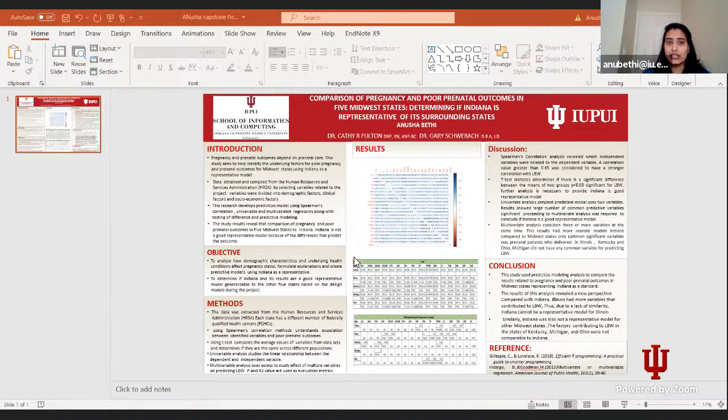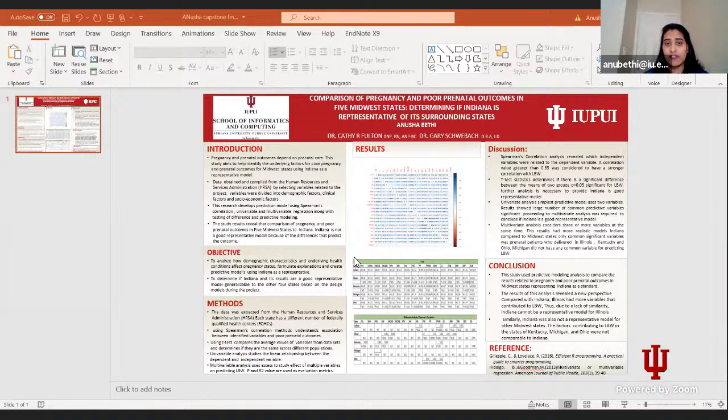After dividing the variables related to our study, the research will develop predictive models using Spearman's correlation, univariate and multivariate regression, along with testing for differences and predictive modeling.